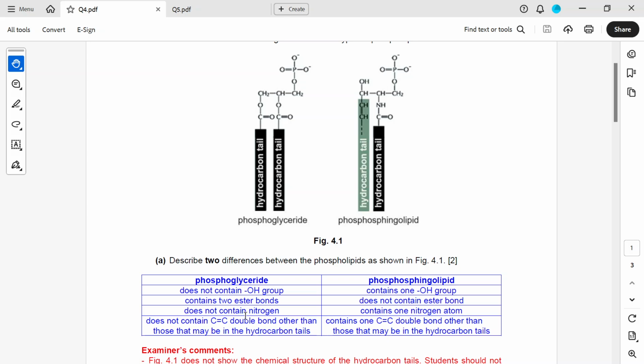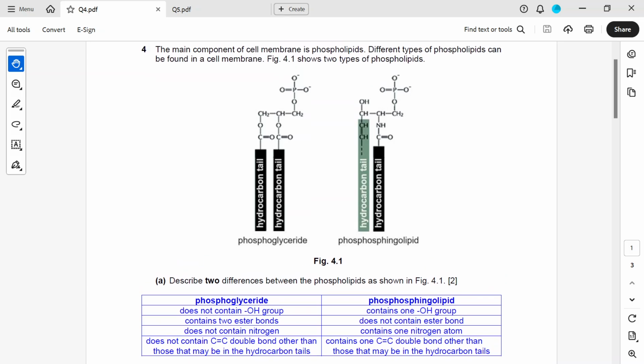Also, you can say that there is this additional double bond, besides whatever may be found in the hydrocarbon tail itself, which is not present in the phosphoglyceride.